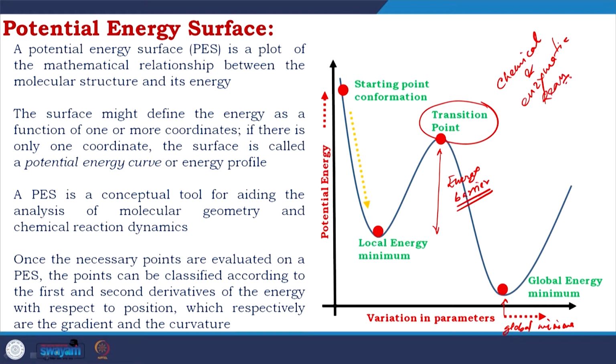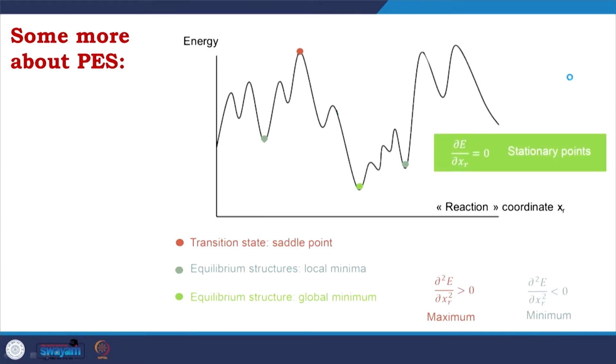Identification of the transition state is a very critical thing in the field of drug designing, in the field of understanding a reaction and its further proceedings. I showed you a very simple potential energy surface. It could be much more complicated, and in the case of protein, it is funnel-like, which we have already discussed.